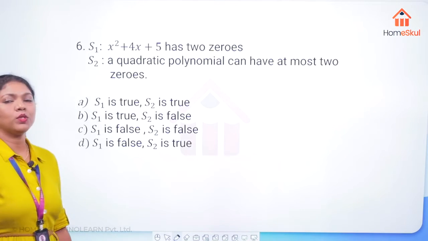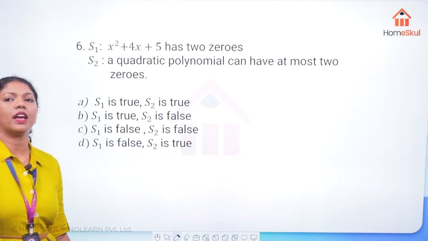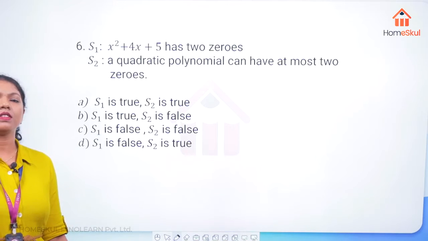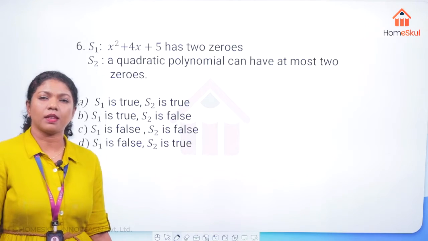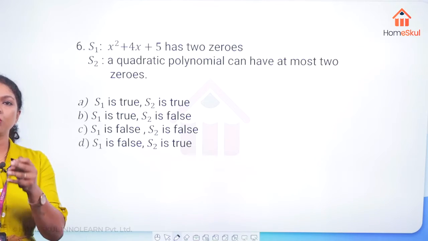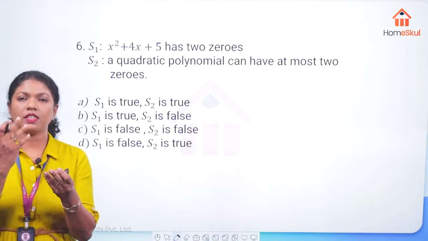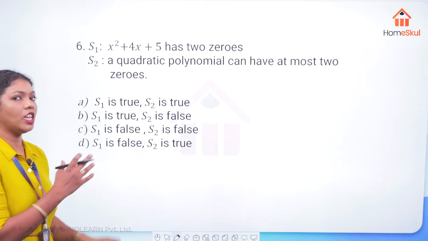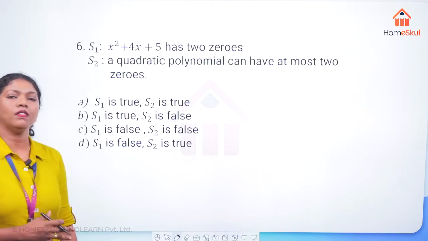Now, we have two statements here. From here onwards, we have a few questions, where two statements are given, S1 and S2. We need to assess the given statements and make sure whether each is true or false, and pick from the below options.